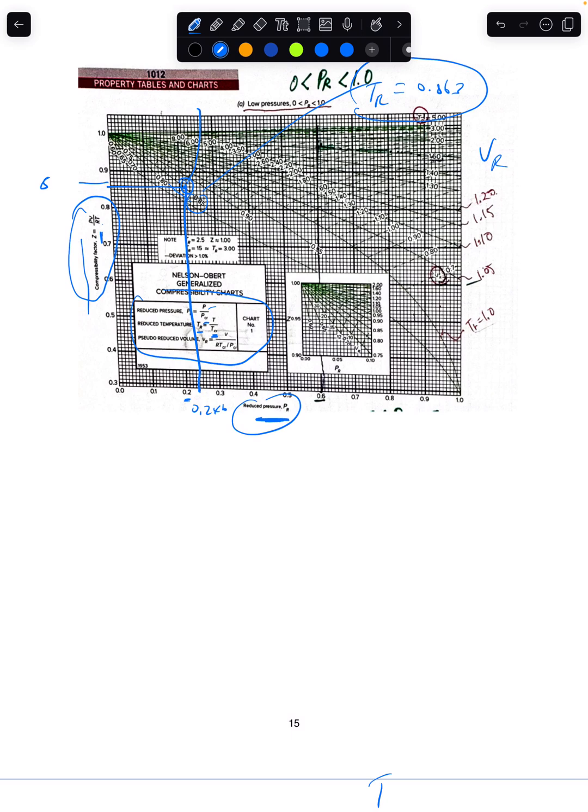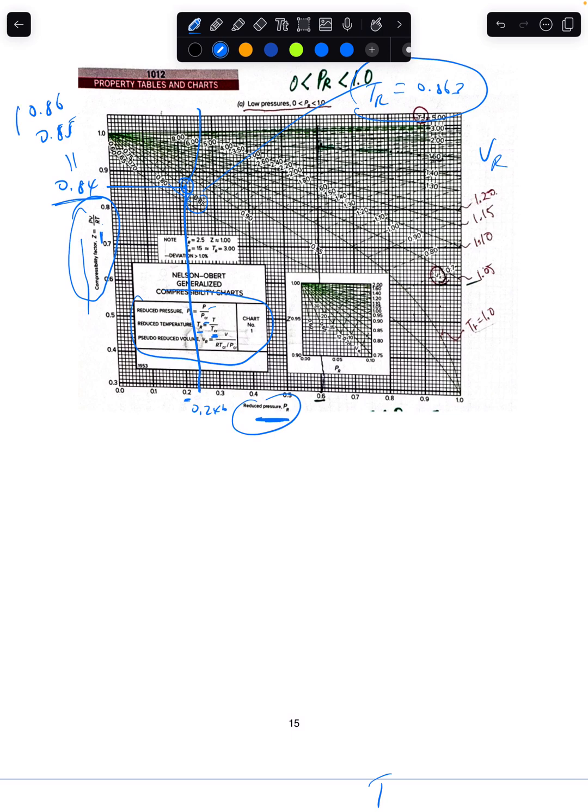When I draw the line here, I can take any value around 0,84 or 0,85 or 0,86.